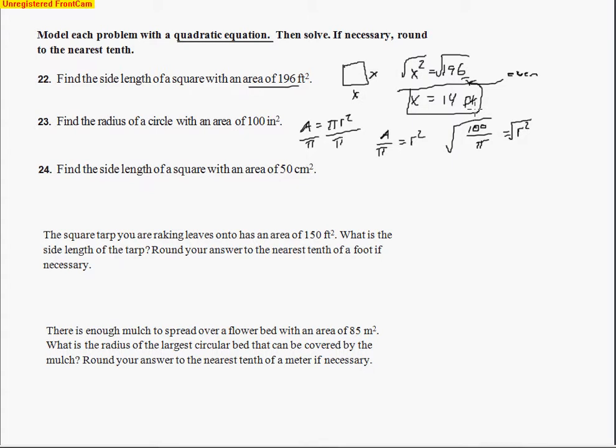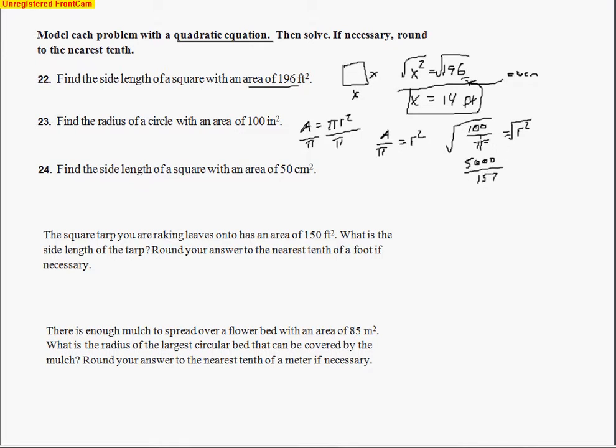So I'm going to end up entering into the calculator 100 divided by 3.14. Now when you do this, leave that number as is. In my calculator, it leaves it in the fraction form. It's 5,000 over 157.